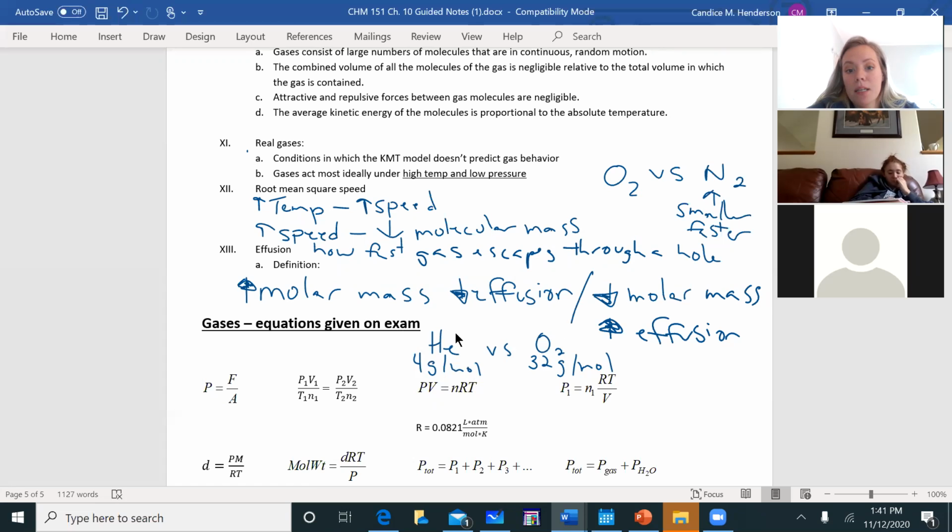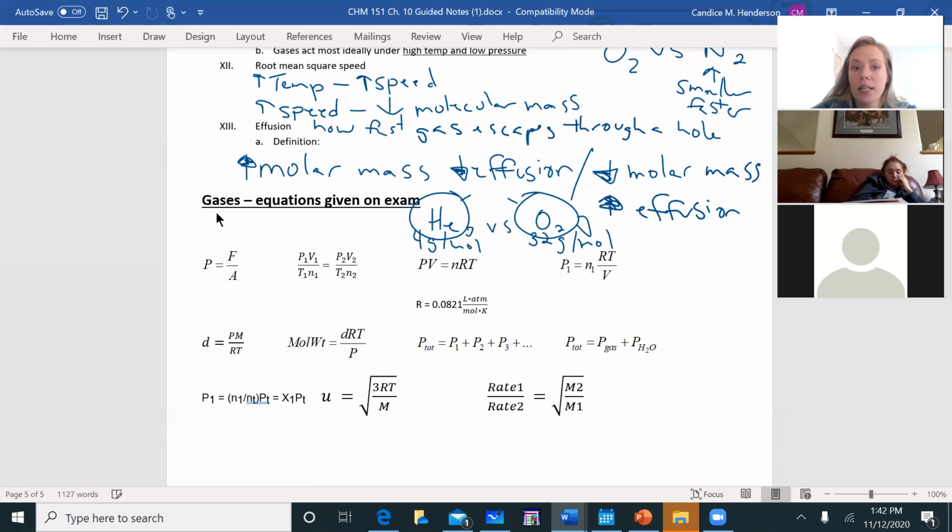So if I was to pop a hole here and pop a hole here, the gas will escape faster in the helium balloon than it will escape in the O2 balloon, as long as the holes are the same. So again, there are specific equations for calculating how quickly this rate of effusion is. You won't be doing the math with it. Just know the concept.